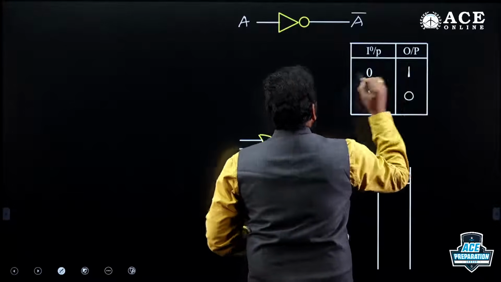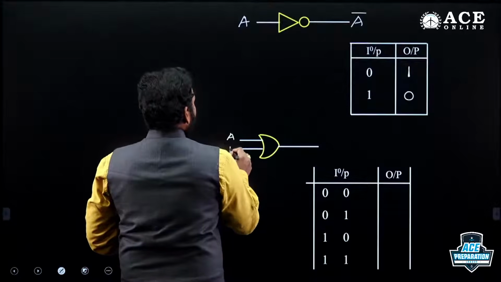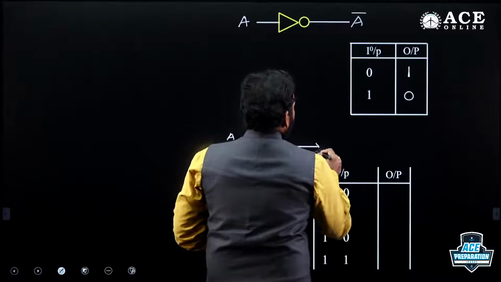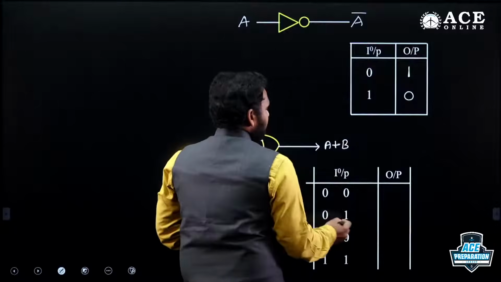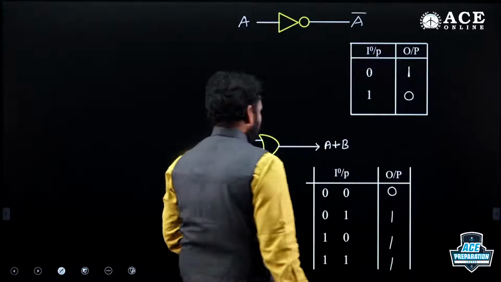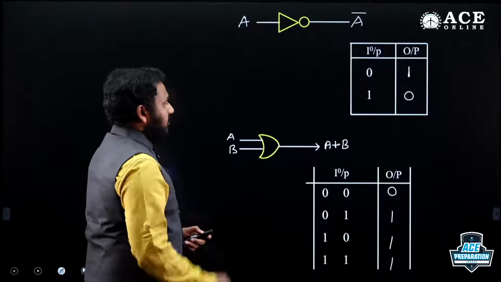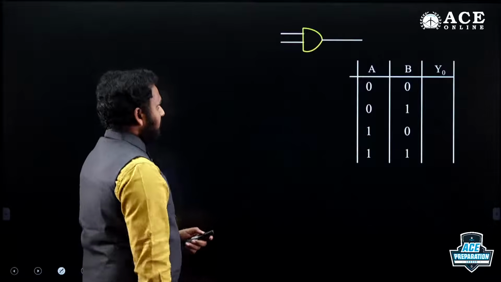1 complement is 0. And this is the OR gate. Let me take some variables A, B. Obviously the operator is A plus B, OR operation. If any of the input is 1, output will be 1, otherwise 0. We'll go for the switch equivalent model of these circuits a little later down the row.